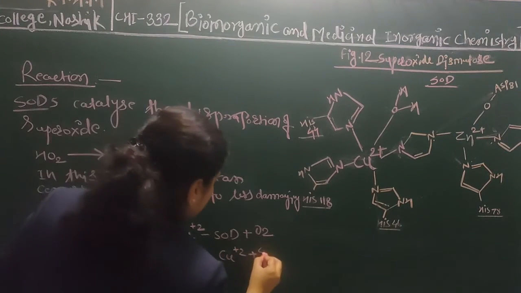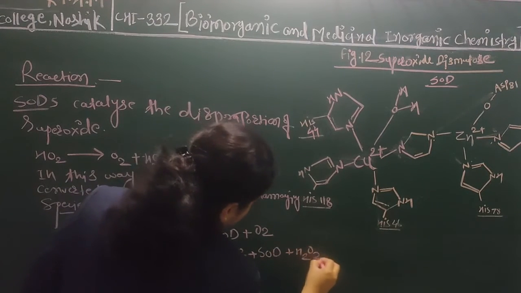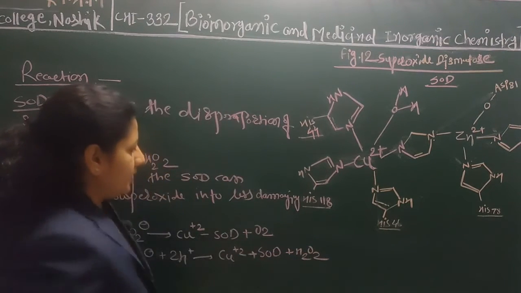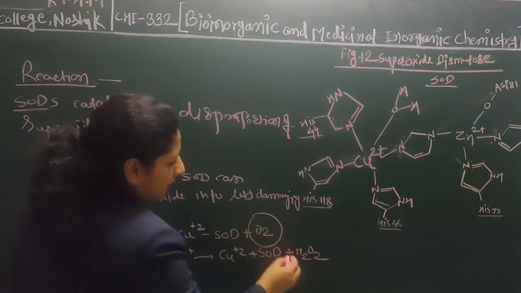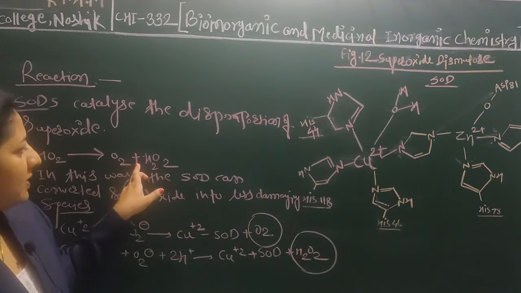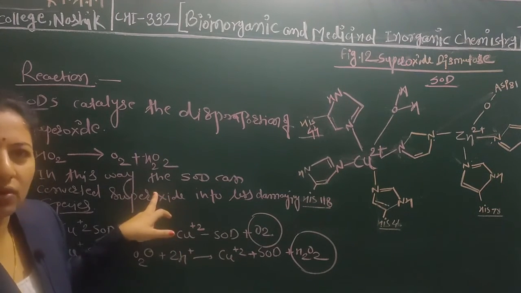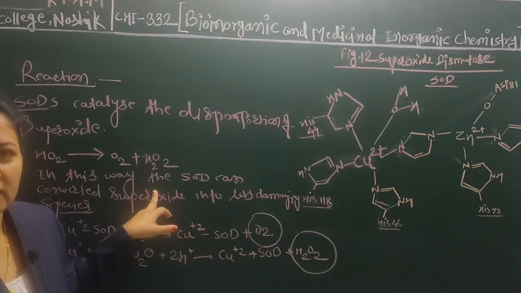Copper SOD, then plus H2O2. If you observe the side product, it is produced as a less damaging species. So these are the overall reactions of superoxide dismutase.